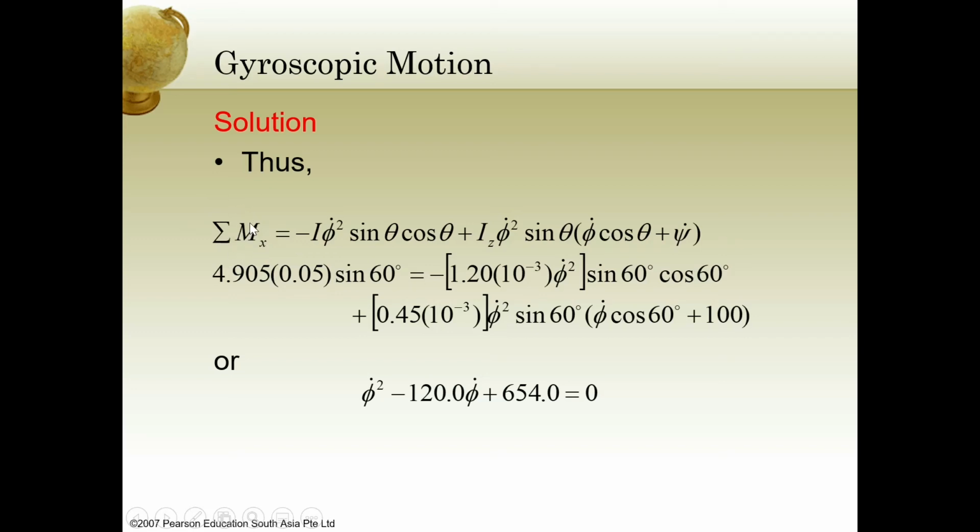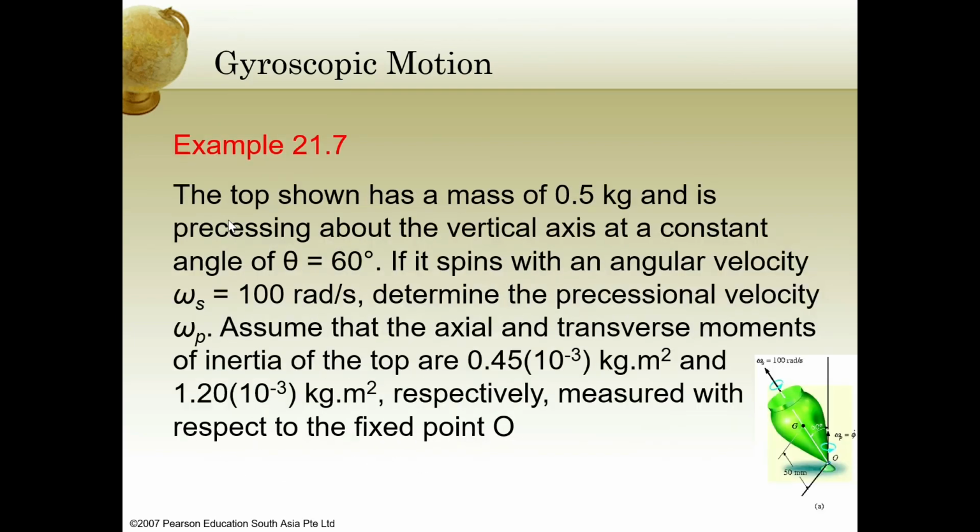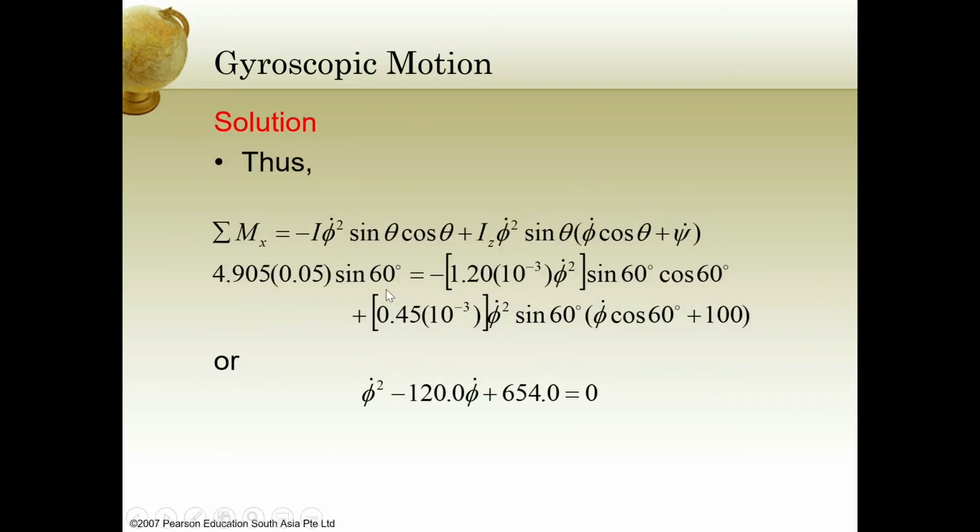So what is the torque or moment created by the top due to the weight of the top? So we go back to the question. The top has a mass of 0.5 kilogram, so the moment created about the x-axis is 4.905 times 0.05 times sine 60.